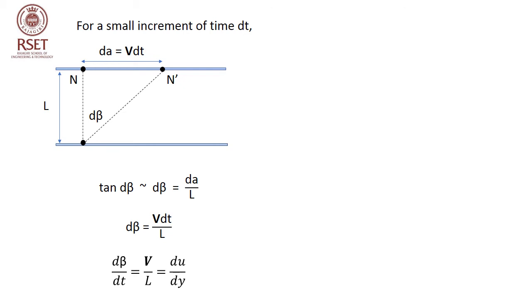Now in the previous case, in Newton's experiment, we defined shear stress as equal to mu into du by dy. So from the new relation we can define that as equal to mu into d beta divided by dt. What is d beta divided by dt? d beta is shear strain. So d beta divided by dt is the rate of shear strain.